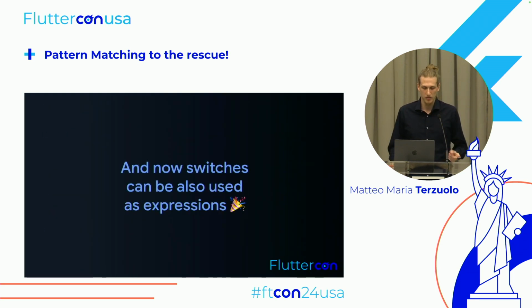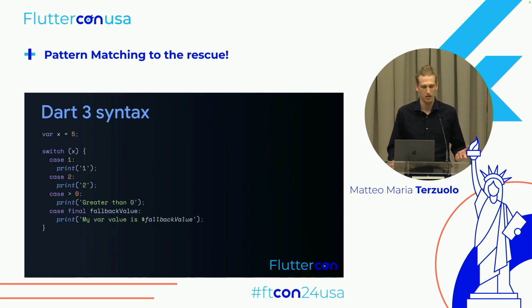And the interesting part is that now we can use switches as expressions to assign values to our variables depending on cases. So how do we change that? We remove the case keyword.